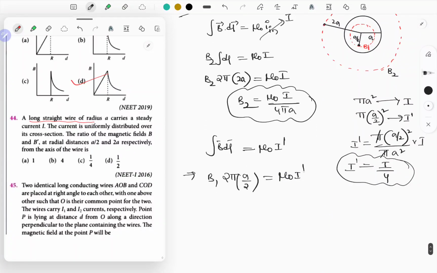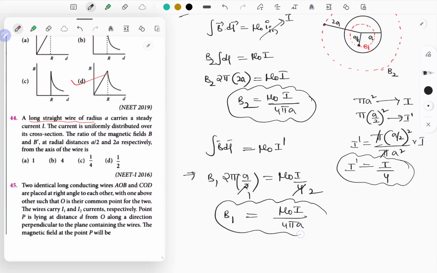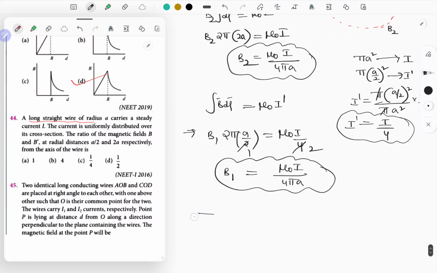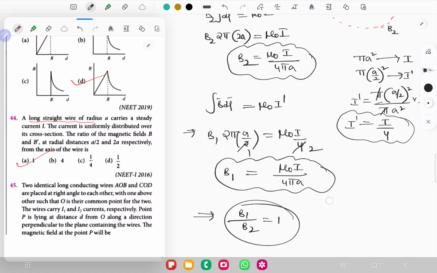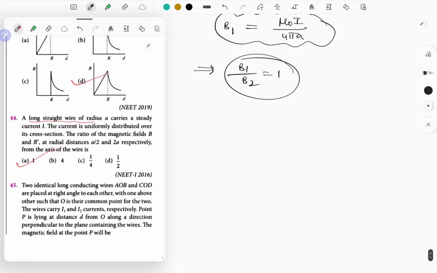Where I dash is equal to I by 4, right? Let me substitute it. So I by 4, the 2s will get cancelled. So B dash or B1 is equal to mu naught I by 4 pi a. If you observe one thing here, B1 and B2 are both the same. So the B1 by B2 ratio is going to be 1. Option 1 is the correct answer for question number 44.